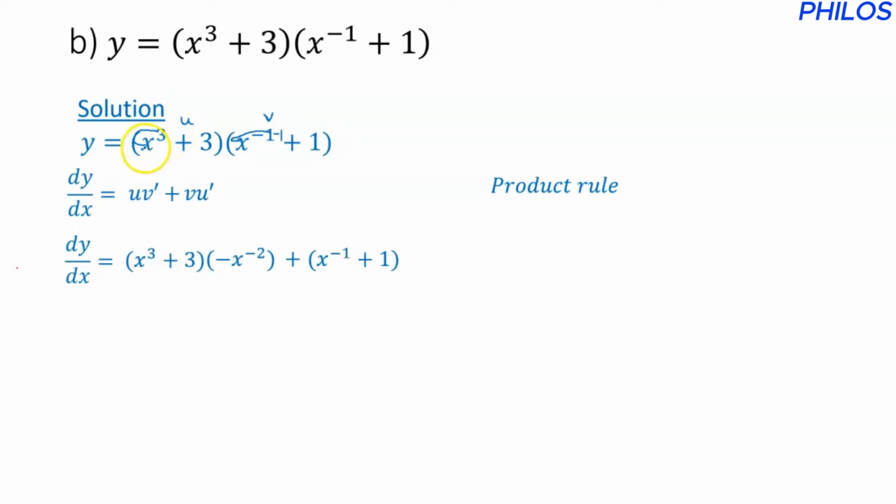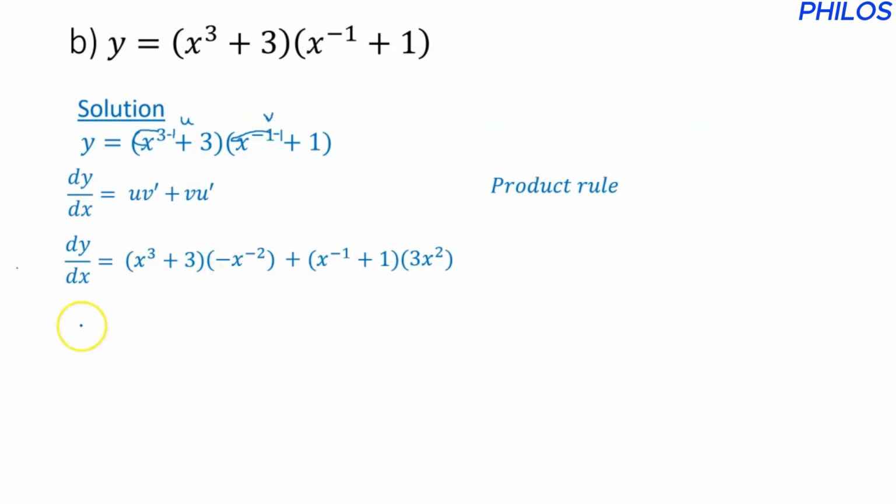So we have 3x exponent 3 minus 1. After multiplying with a 3, you need to subtract 1 from it. So that will be 3x exponent 2. And when you differentiate a constant, 3 must be 0. So for that matter, u prime should be 3x exponent 2. So we substitute that also here.